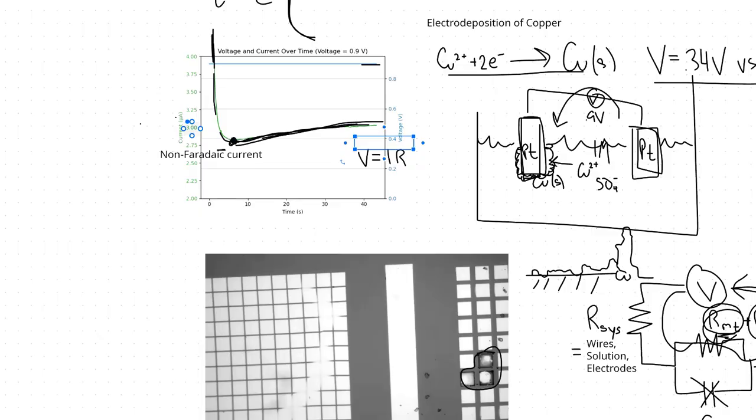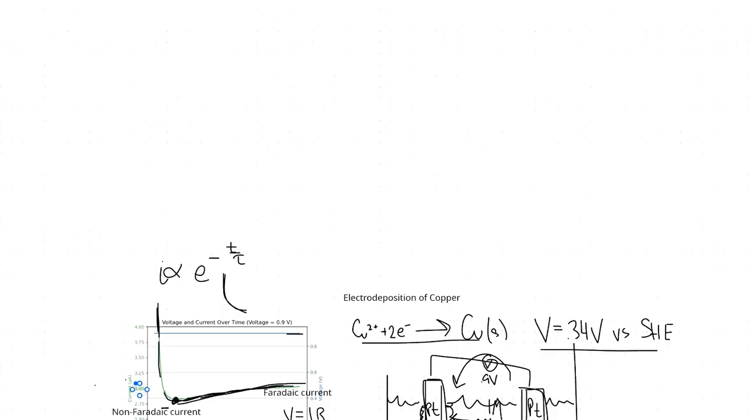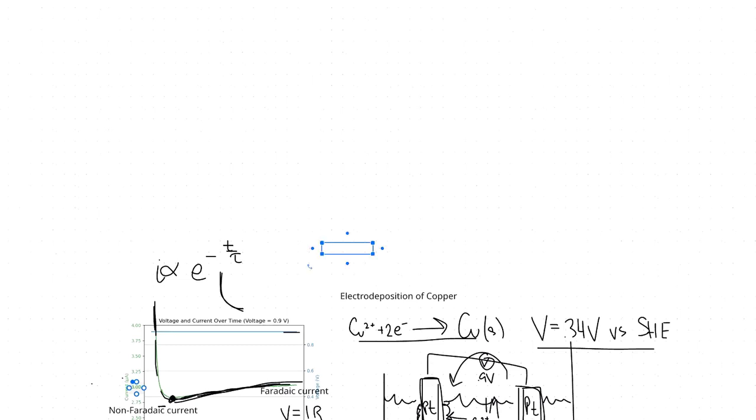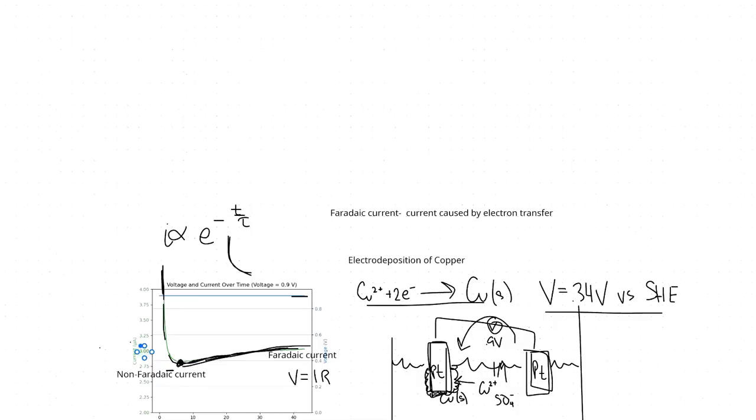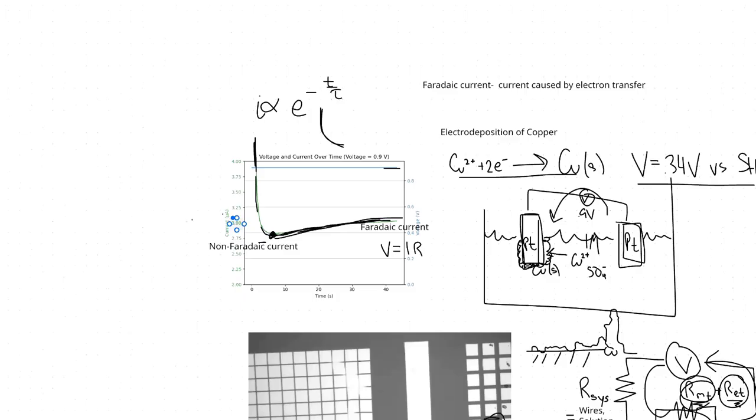So what is the difference between a Faradaic current and a non-Faradaic current? Faradaic currents are any current caused by electron transfer, right? So here, the act of the electron transferring to create copper solid is causing the current that's occurring here. So we call that a Faradaic current.